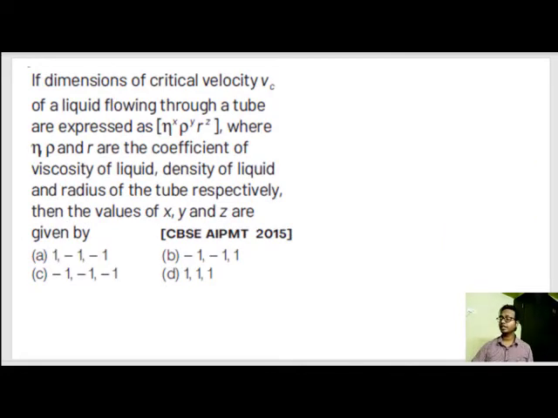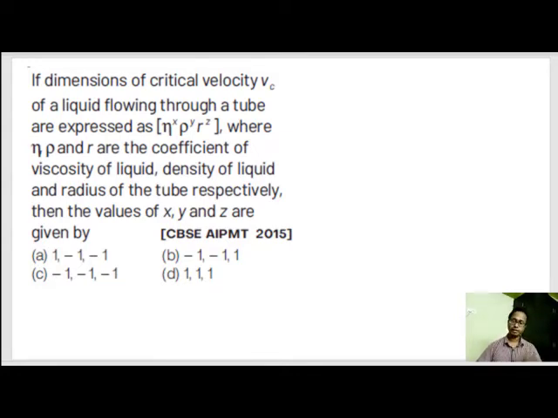If dimension of critical velocity of a liquid flowing through a tube are expressed as n to the power x, rho to the power y and r to the power z, where n, rho and r are the coefficient of viscosity of liquid, density of liquid and radius of the tube respectively, then the value of x, y and z are given by.